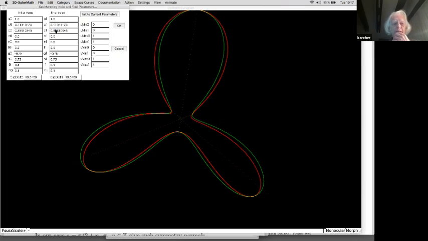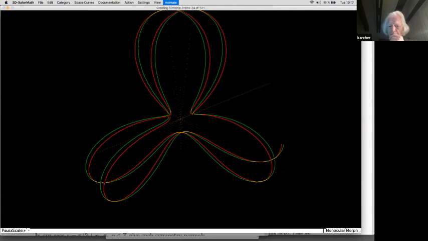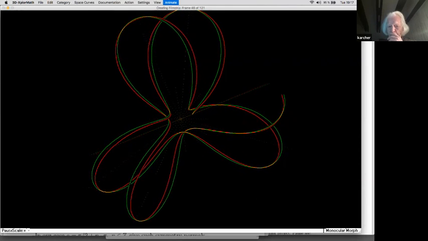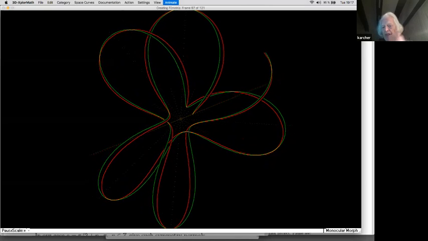I change this parameter arbitrarily, and it will be changed from this value to this value in 120 steps. I understand. And this parameter will change in such a way that the symmetry lines remain coplanar. So now I will reach the other one. You can see it in a very stable way.